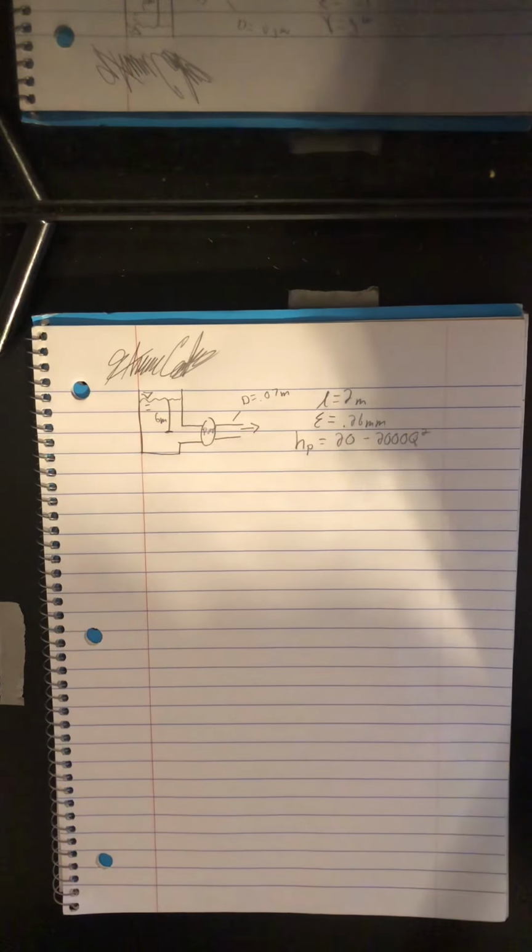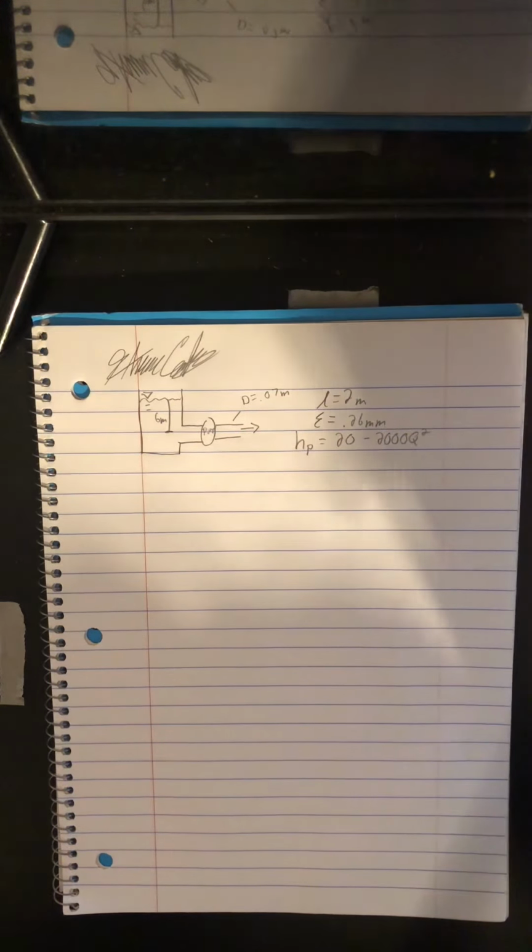Okay, so if we start with Bernoulli's equation, first we'll specify which is point 1 and point 2. So point 1 is going to be up here at the top, and point 2 is going to be right there at the exit.